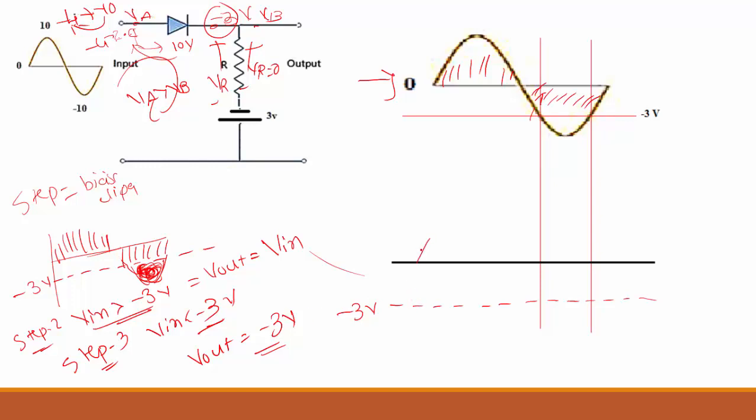So what is the output I will get? Okay. What about when you apply step 3 for this particular part? What I have is V out equal to minus 3 volt, so it's minus 3 volt. Are you getting what I mean to say?